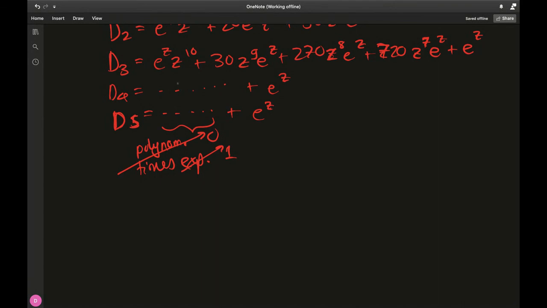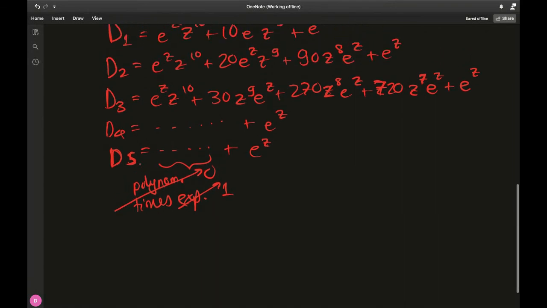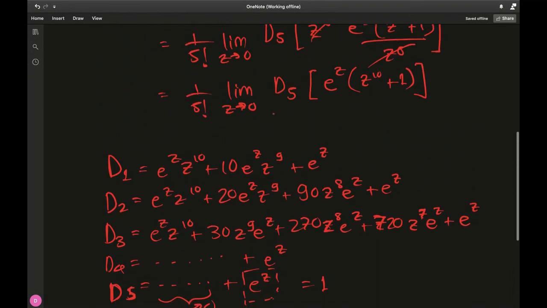So d sub 5 will have similar terms like this. All these products of polynomials and exponentials will go to 0, except this last term over here, which will be 1, because e to the 0 is 1. So this entire thing is just 1.